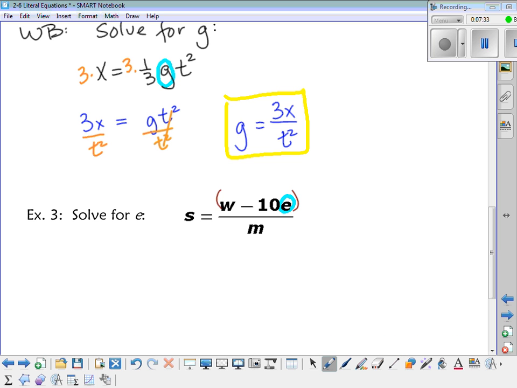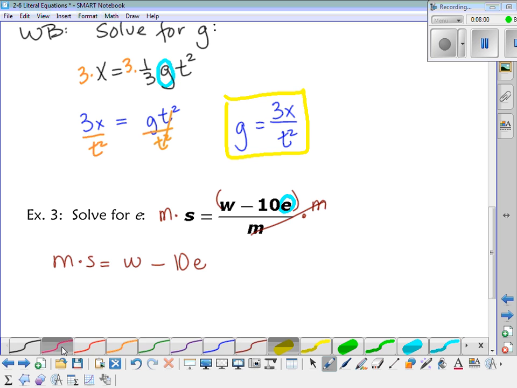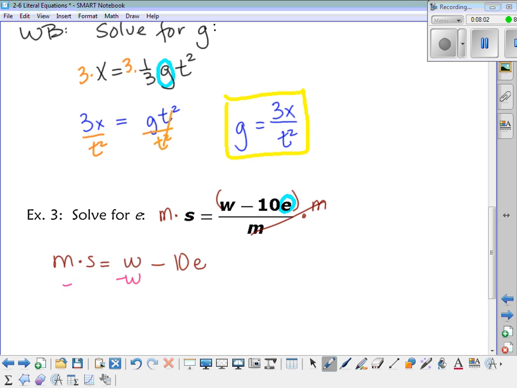So W minus 10E is a group that's being divided by M. The opposite of dividing by M would be to multiply by M. So we multiply both sides times M, and now the M's cancel out on the right side. So now I have M times S is equal to W minus 10E.